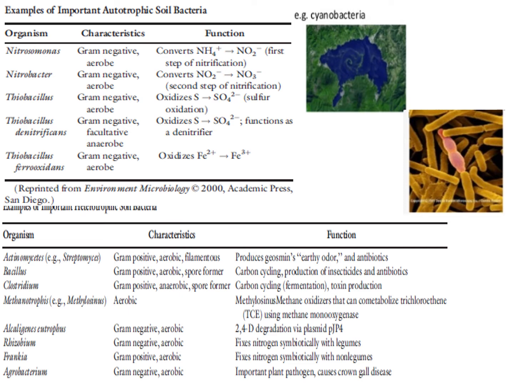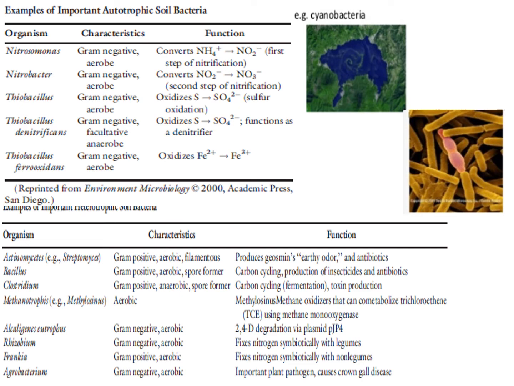It converts ammonium into nitrite. This is the first step of the nitrification process, and second is Nitrobacter. Nitrobacter is a gram-negative aerobic bacteria. It converts nitrite into nitrate, and this is the second step of nitrification.